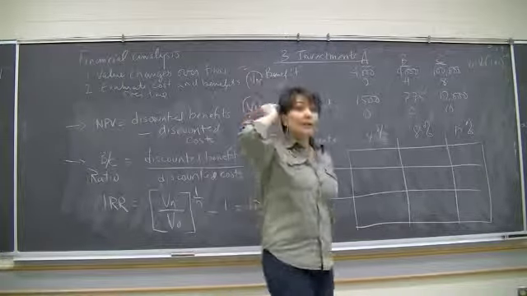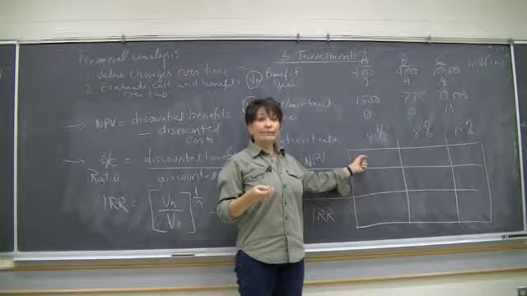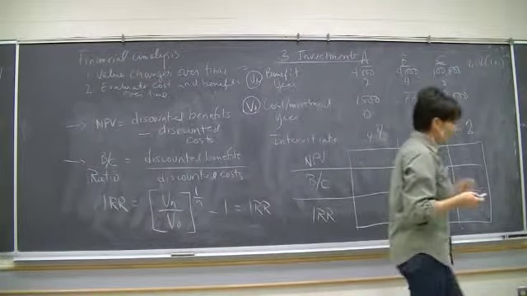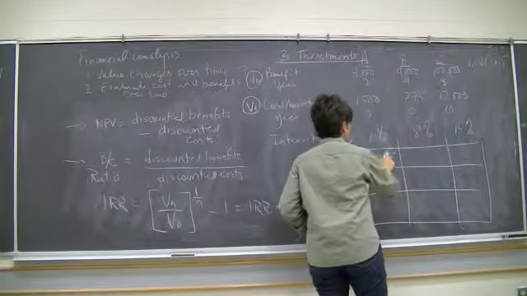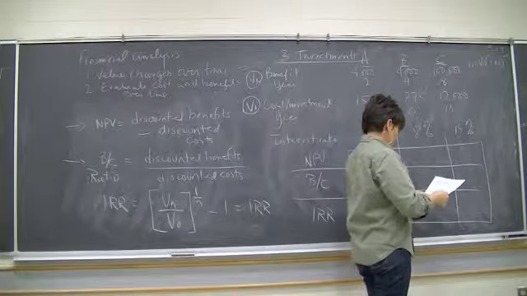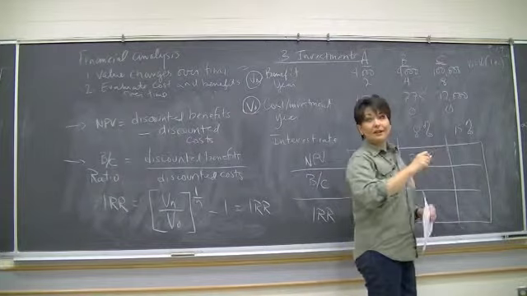Did we get the numbers yet? What do we got? Net present value for the first one? 2198. We did really good. Second one? 2165. Yeah, still.